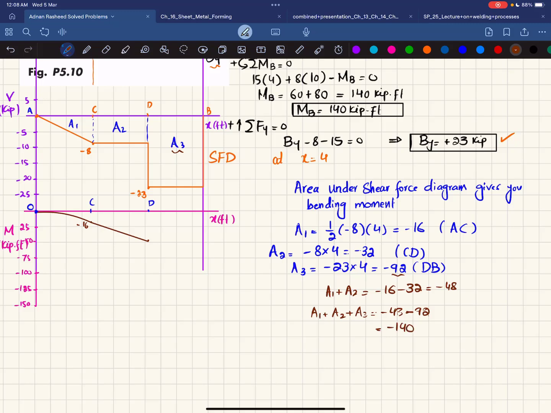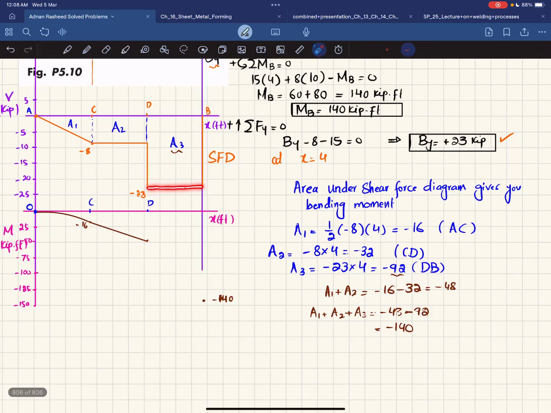So at the end, we will have minus 140. Let's say minus 140 lies somewhere here. Okay. You can see that shear force is a horizontal line with 0 degree. So bending moment will be 1 degree higher. It will be a straight line, but slope will be decreasing.